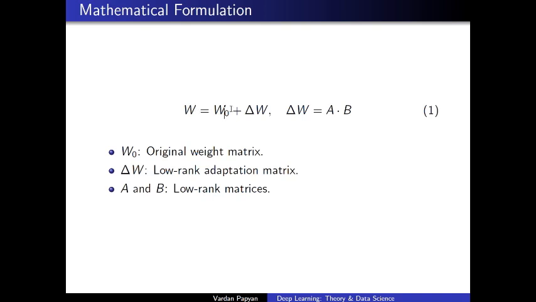As you can see, LoRA changes the model in this way. The model has some weights W0. We do not want to change this W0. Instead, we add some new parameters, and we only change these new parameters.